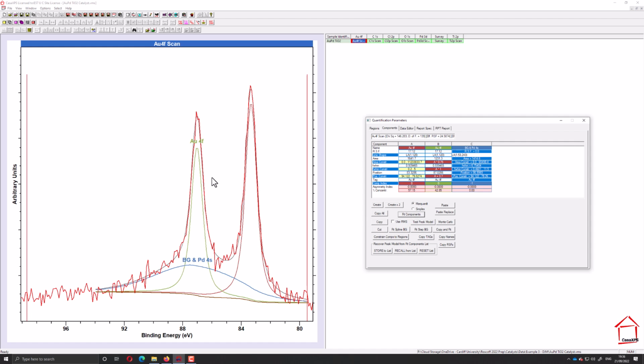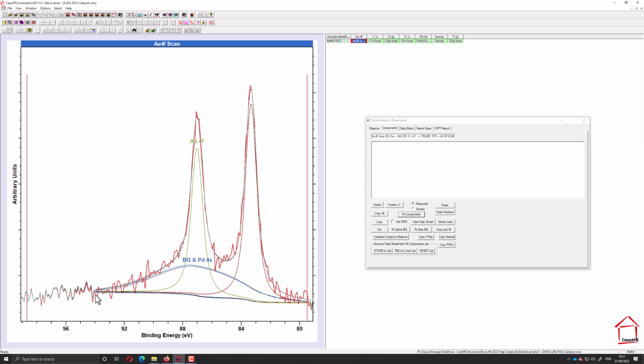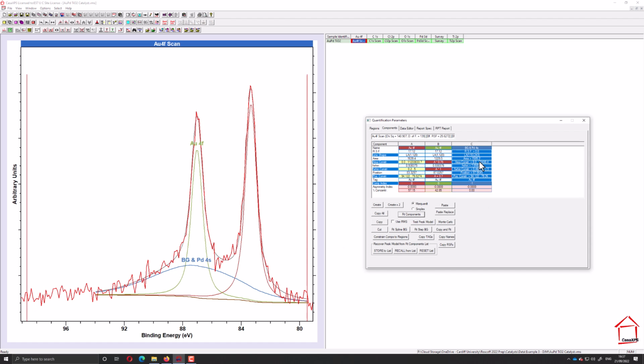We can see our gold has come in much better now, and we're only quantifying this gold signal. This nulled peak, or RSF of 0 peak, encompasses the background signal, of which there is some slight overtone from the titania loss peaks, and the palladium 4S here. So it gives us a much better accountability for the amount of gold based on the 4F.